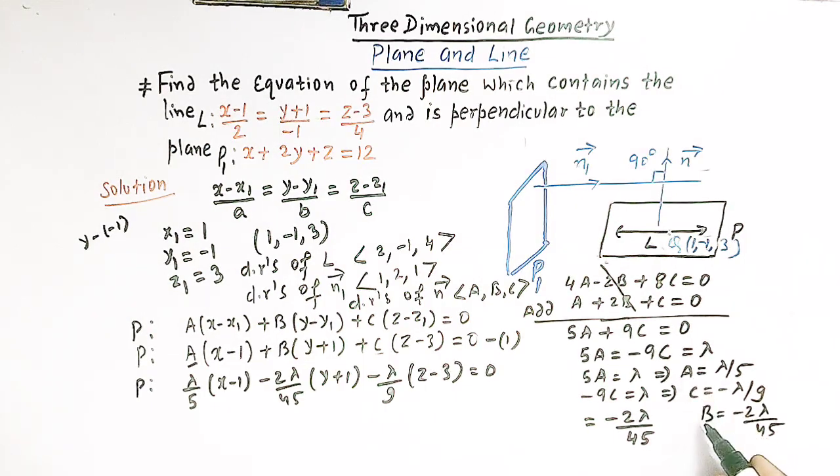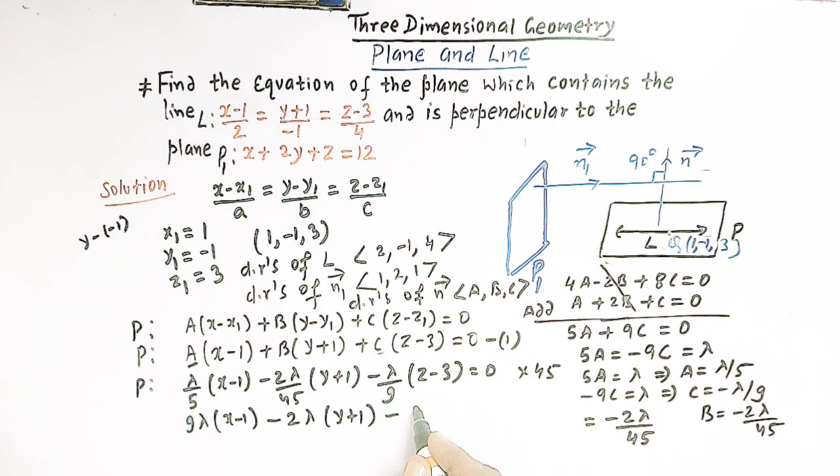So substituting a, b, c in equation 1, we have now this equation, right? So let us throughout multiply by 45, right? So multiplying this equation both sides by 45, here we have 9 lambda times x minus 1, then here we have minus 2 lambda times y plus 1, and here we have minus 5 lambda times z minus 3 is equal to 0.